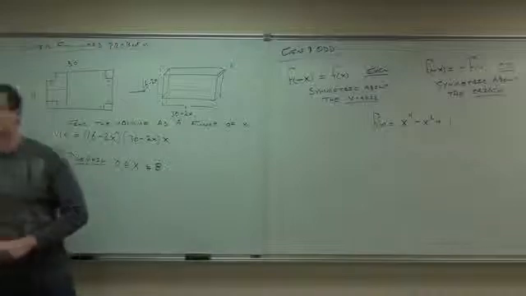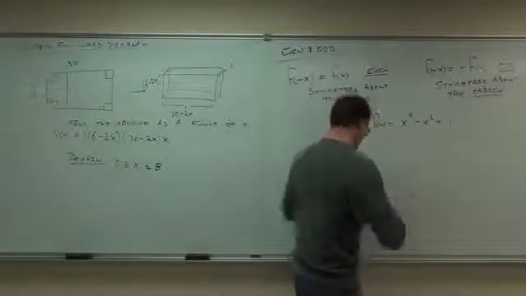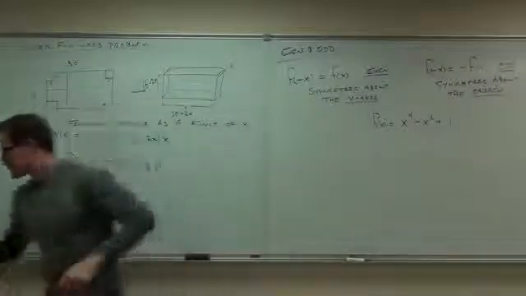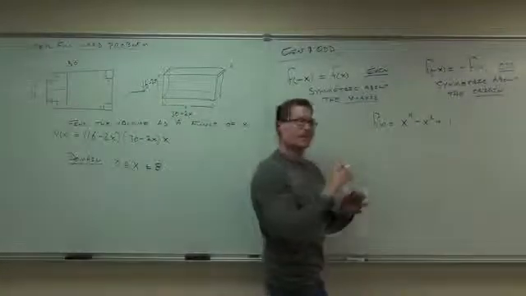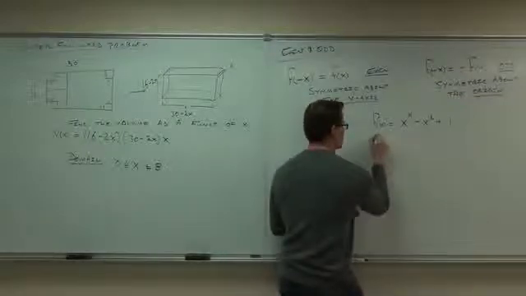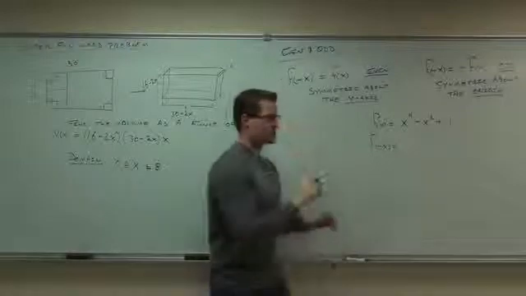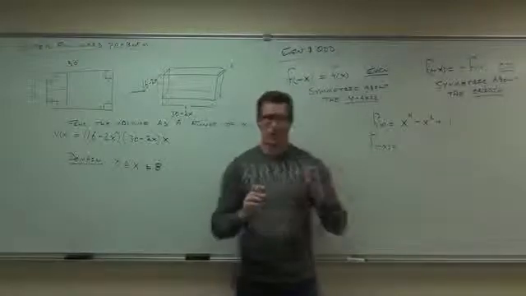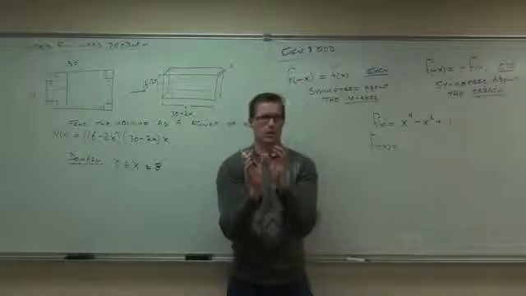Here's how you test whether something is even or odd. What you do is you plug in the negative x and you see what happens. So I want to find f of negative x. What that means is that for every place I have an x, I'm now going to put a negative x inside some parentheses. It's like you're composing a couple functions.